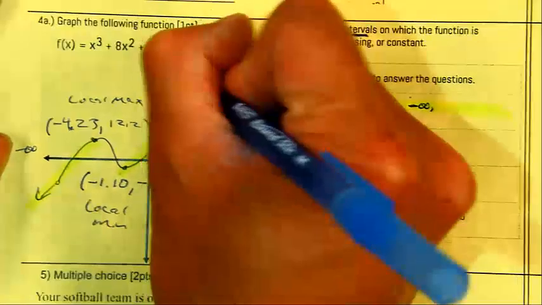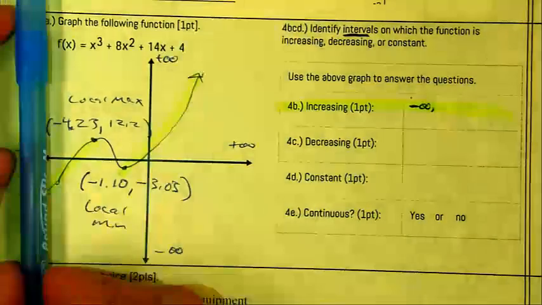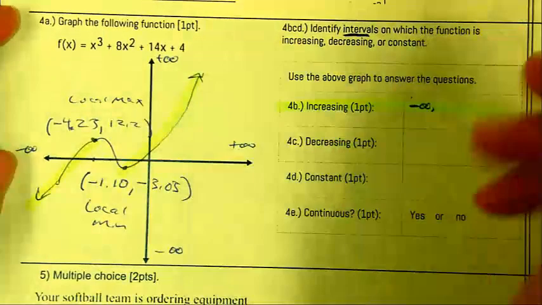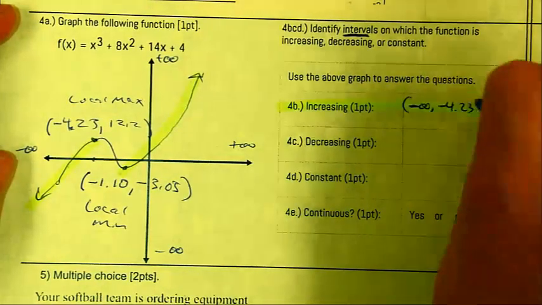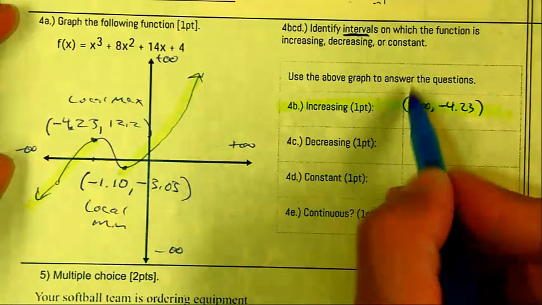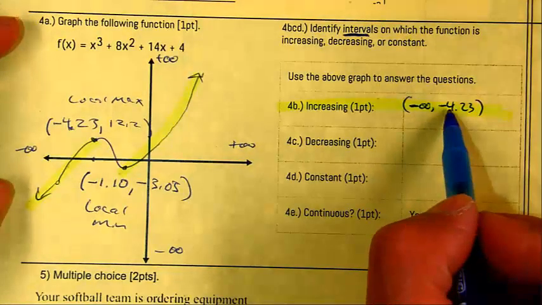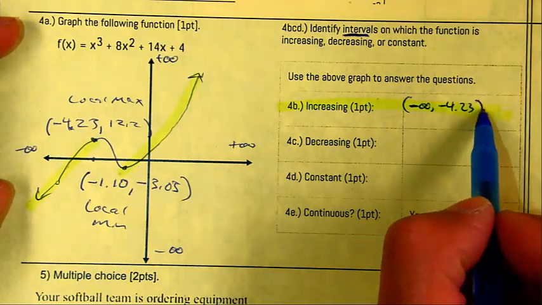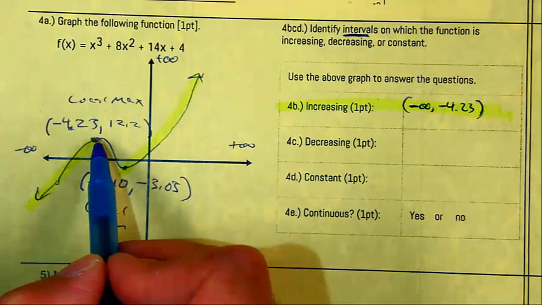Let's write our infinities here, maybe that'll help you. And then we're stopping here at an x value of negative 4.23. Now the reason why it's parentheses is because you cannot include any particular number in negative infinity, and then this here is negative, and it is a parentheses because you don't include this. We were saying that at the top of the roller coaster it's not going up, no, it's going down.